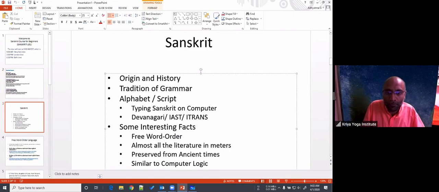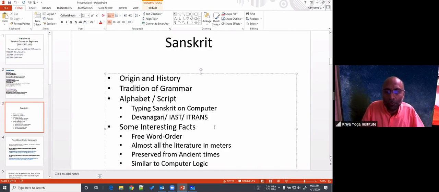Then what we are using for this class as the default, which is based upon the Roman characters, is IAST, and the one which is used for typing on the computer, having only keyboard characters, is called itrans.